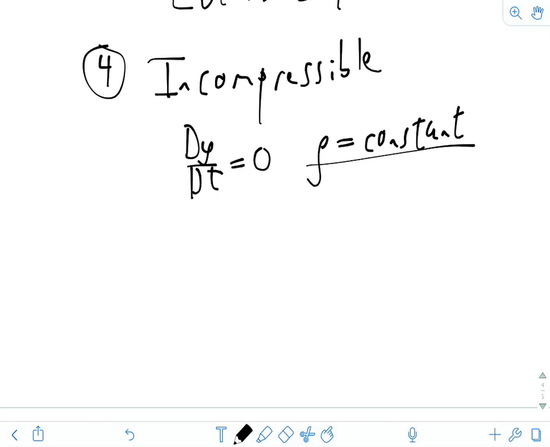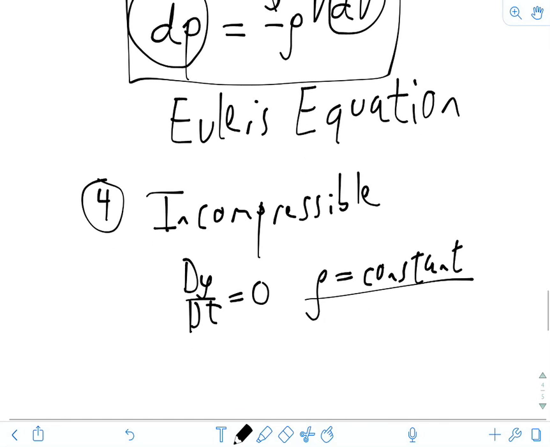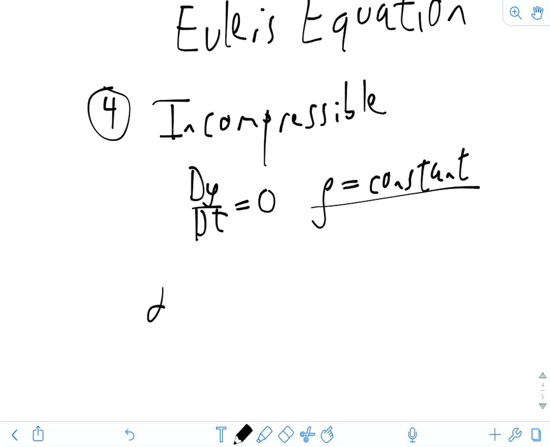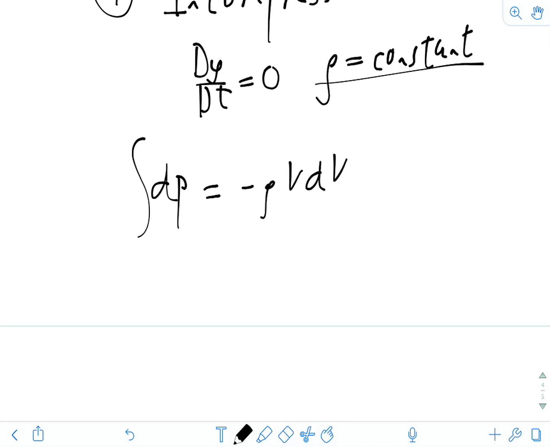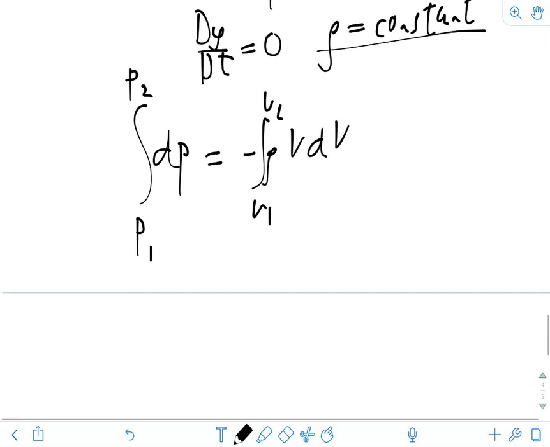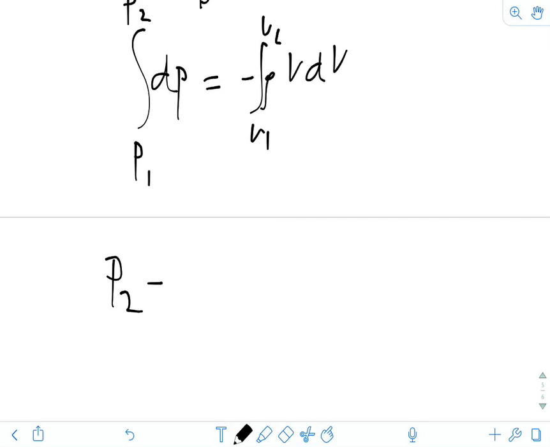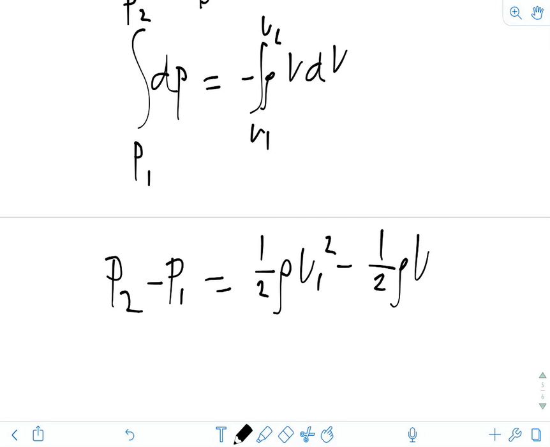If we add that in, then we can derive from this expression, we have dp equals negative rho v dv, where rho is a constant everywhere. We can integrate both sides here, from v1 to v2, from p1 to p2, and we get p2 minus p1 equals 1/2 rho v1 squared minus 1/2 rho v2 squared.